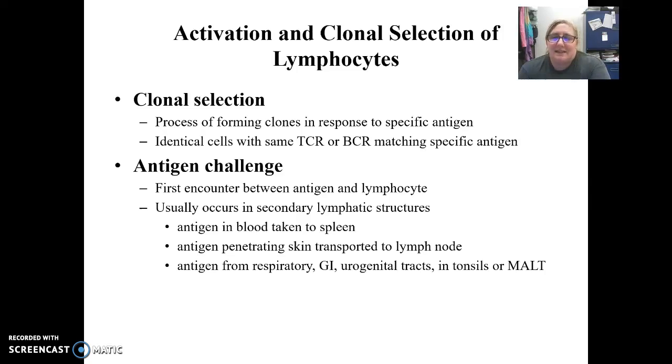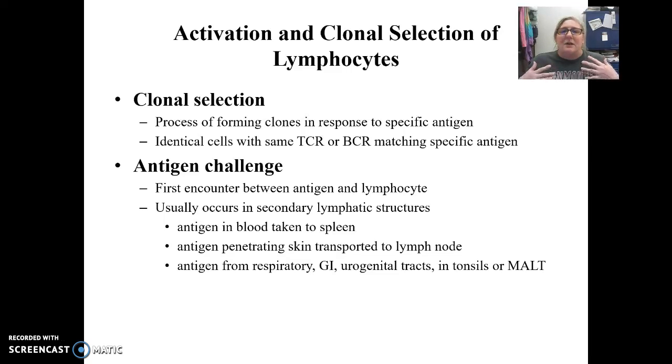So once the B and T lymphocytes are sitting in the lymphatic tissue, say lymph nodes, which are probably one of the most common areas, or the spleen, or MALT tissue in the respiratory tract or the intestinal walls, and a pathogen comes along, the antigen gets into the spleen, or it goes through the lymphatic system and gets into the lymph node.